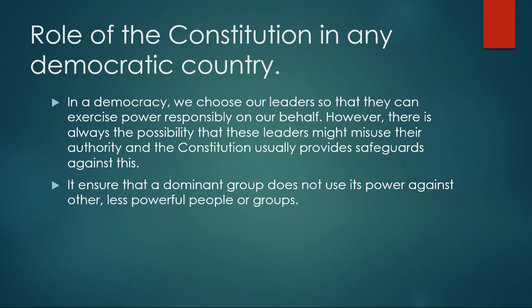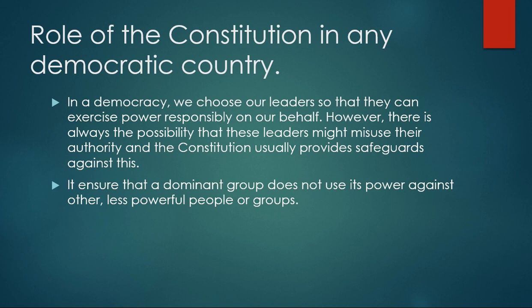The second role is that it ensures a dominant group does not use its power against other less dominant people or groups. Dominant group means the majority group, and less powerful or less dominant group means the minority group. As you know, India is a diverse country, which means there are different religions, different languages, different genders, and different communities.